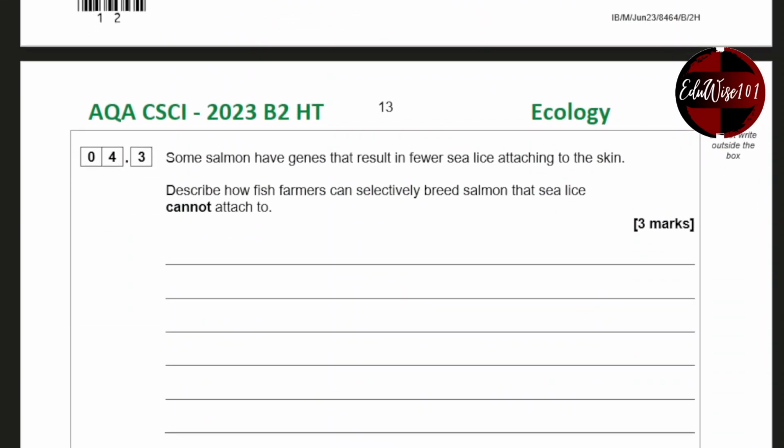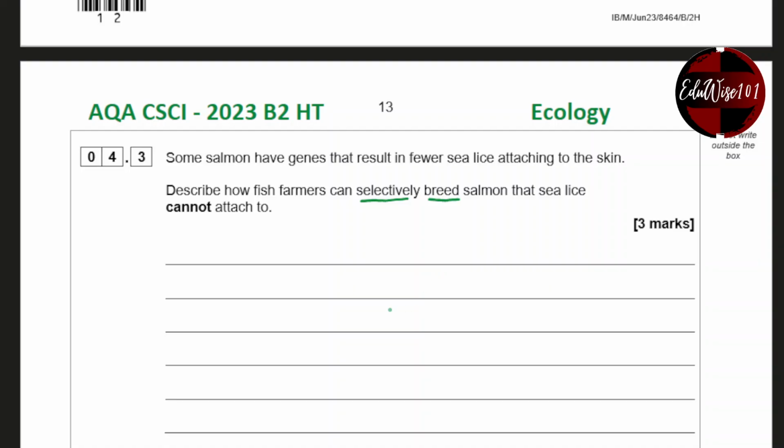Some salmon have genes that result in fewer sea lice attaching to the skin. Describe how fish farmers have selectively bred salmon that sea lice cannot attach to. How do you selectively breed salmon? So, you choose a male and a female salmon with no sea lice attached to them, or very little sea lice attached to them, and you breed them.